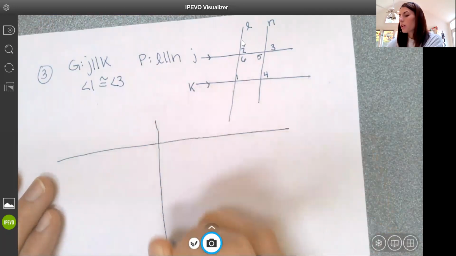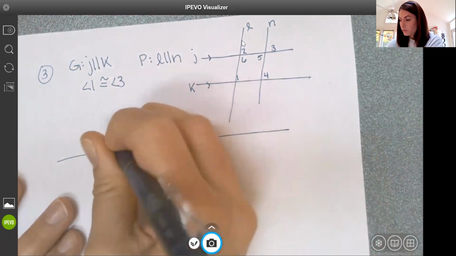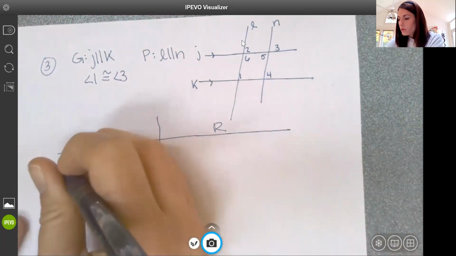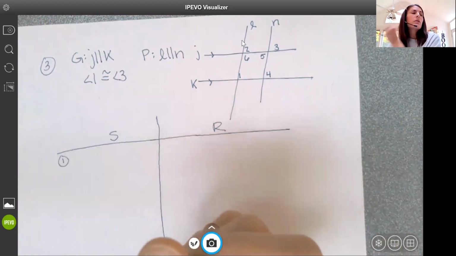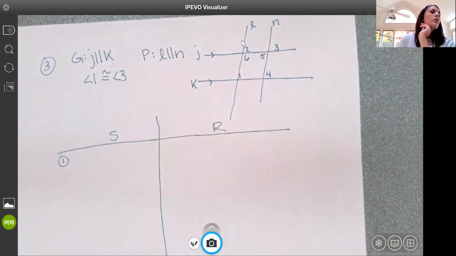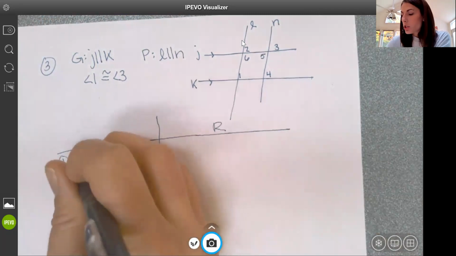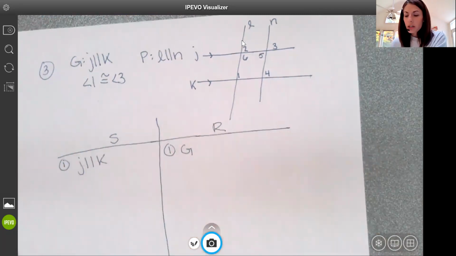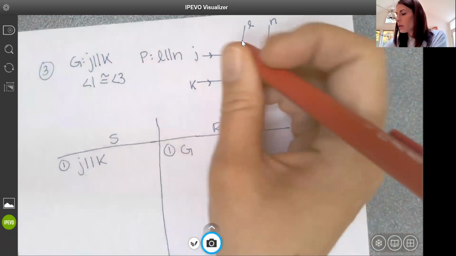Sometimes I almost don't like the fill in the blank setup. I think it makes things sometimes more confusing. So first I'm going to write the givens. My first given is that J is parallel to K. And sometimes, like how I mark angles, I'll color code that.